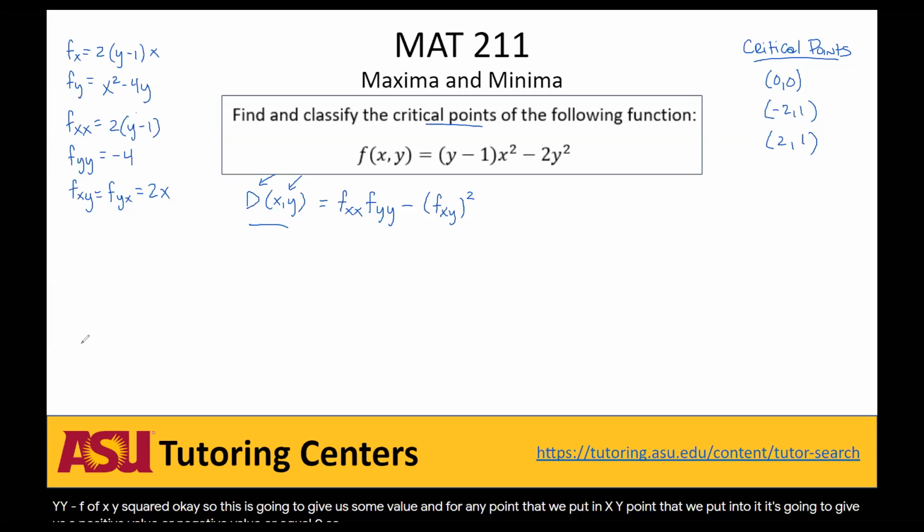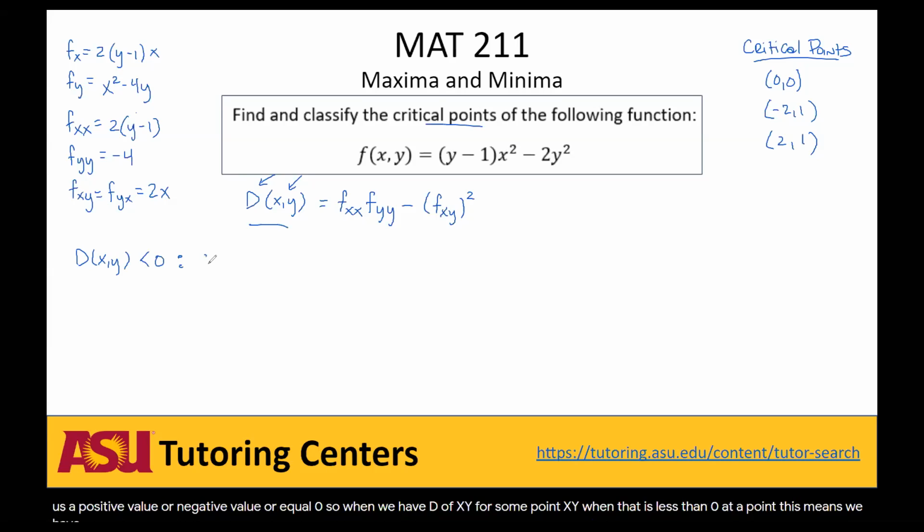So when we have D of x, y for some point x, y, when that is less than 0 at a point, this means we have a saddle point. If we have D of x, y greater than 0, then we have 2 cases.